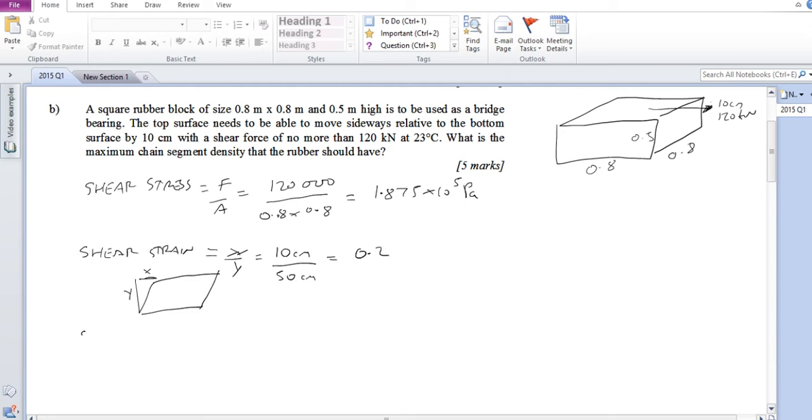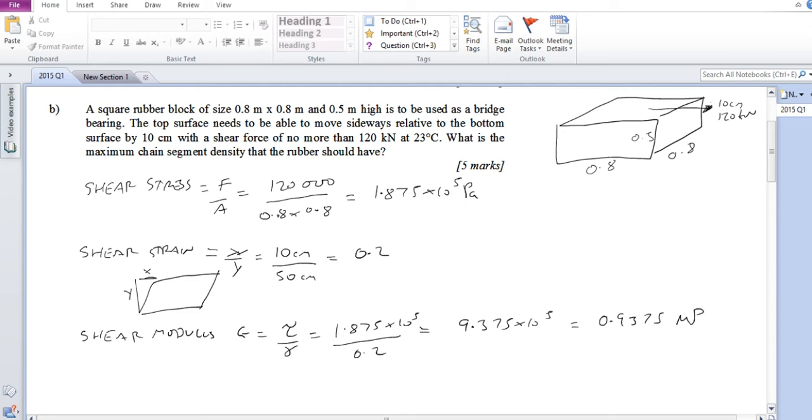From those two we can work out the shear modulus. The shear modulus, or stiffness, normally called G, is the stress divided by the strain, so that's 1.875 times 10 to the 5 divided by 0.2, which comes out to 9.375 times 10 to the 5, or 0.9375 megapascals. So that's the shear modulus that's needed.